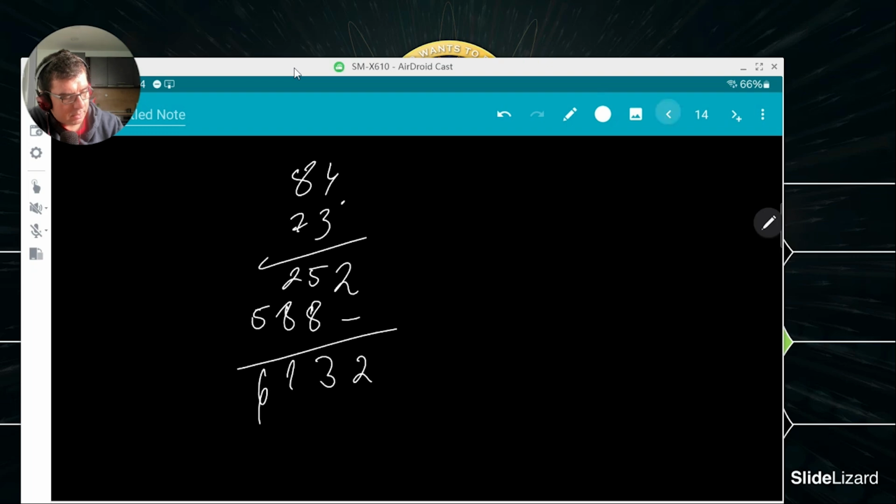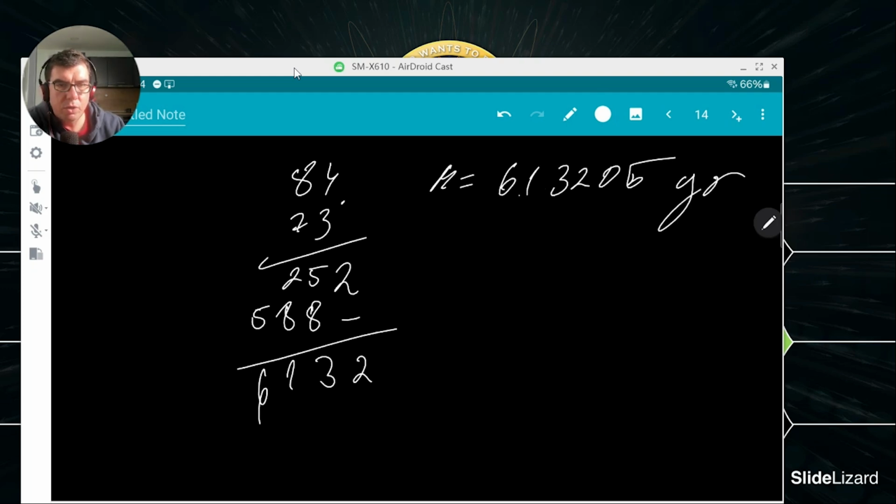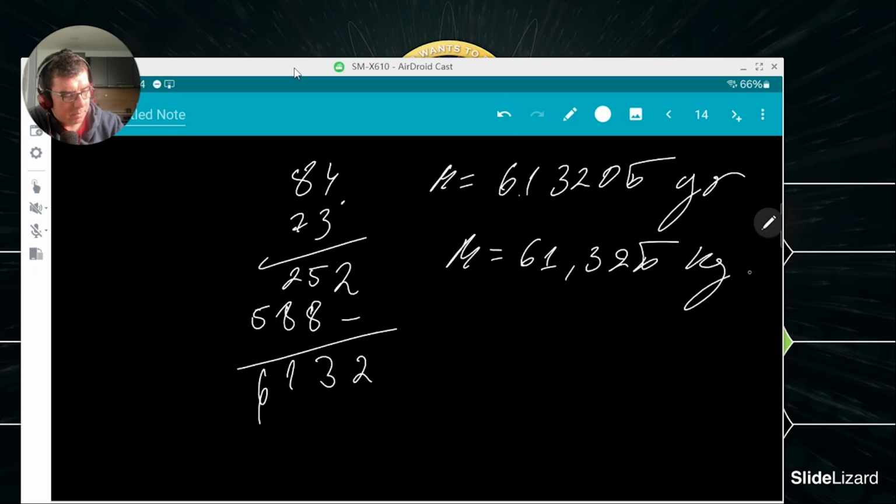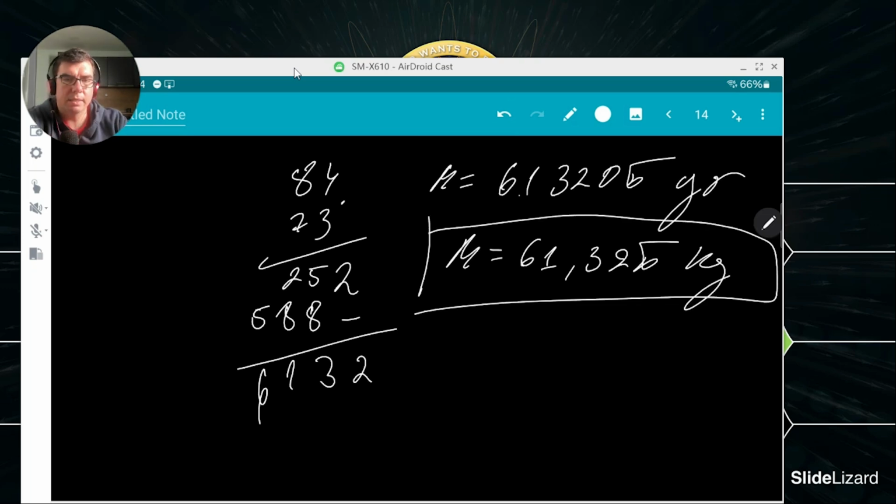So I get M equals 61320 pi grams, and if I want to convert it to kilograms, divide by 1000, 1, 2, 3 places after the decimal point to the left, so M equals 61.32 pi kg, and that's the answer.